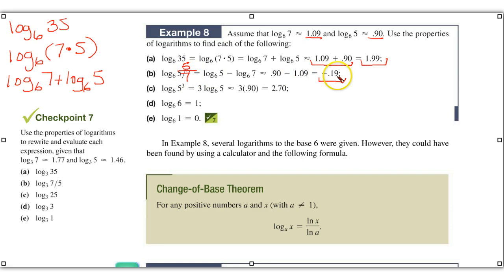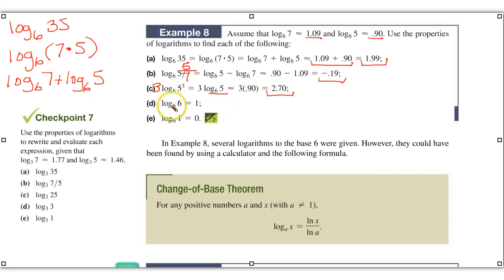Now here we have the log base 6 of 5. We're going to take our 3 as an exponent and put it out in front, which they do here. So then we're going to take our value for 5 here, which is 0.90, multiply it by 3, and we get this for a value.